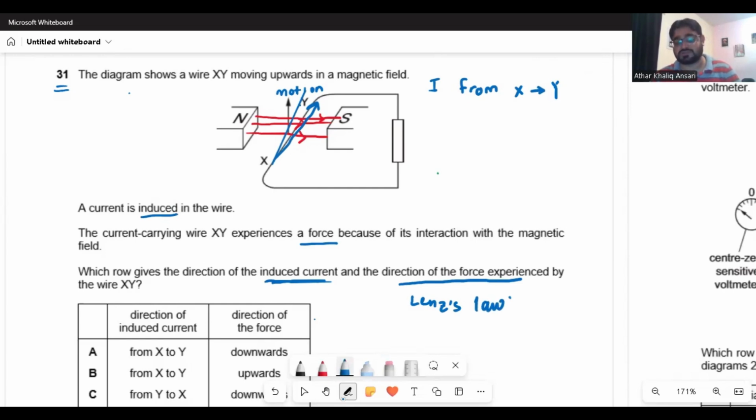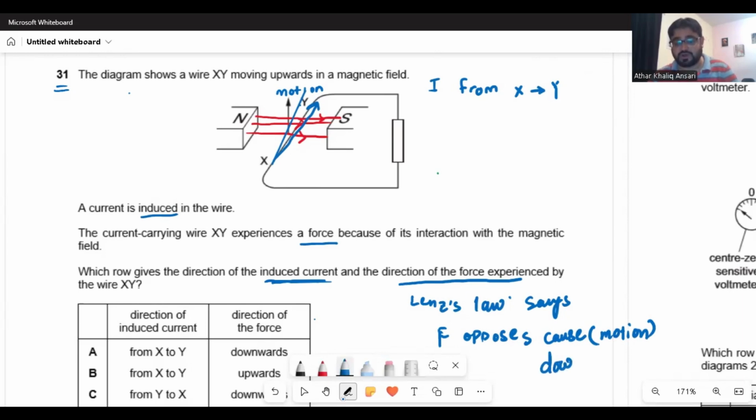Lenz law says it will oppose the cause, and the cause is the motion, because motion produces the induced current. So from the Lenz law, the force is opposite to the motion, that is downward.